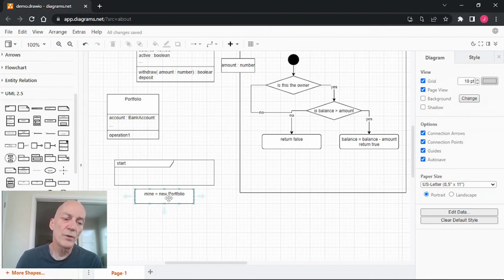And what that really means for the machine is that it's going to figure out how much memory it takes to store a portfolio, all the data for a portfolio, and then it's going to allocate that memory. It's going to reserve it for this object. Again, that's why the type is so important, because portfolio is a type, so it's saying, okay, how much memory do I need for a portfolio type of thing?